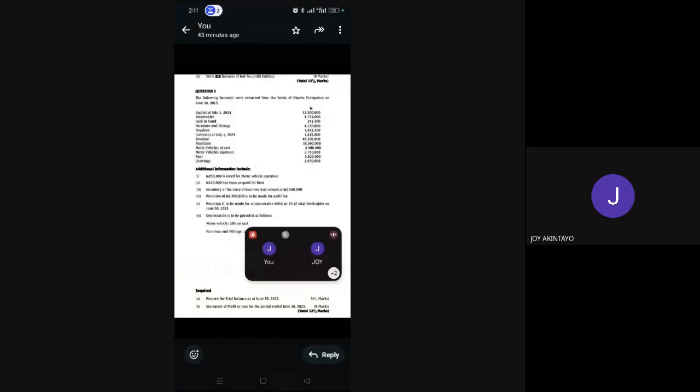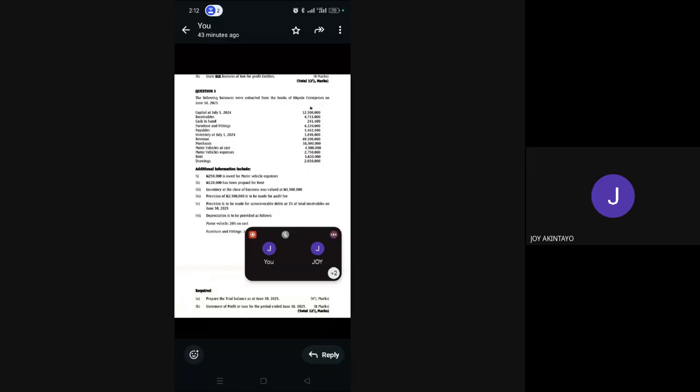So let's add everything together to know if what we've prepared is actually correct or not. Do we have a balance? Is our trial balance balanced?